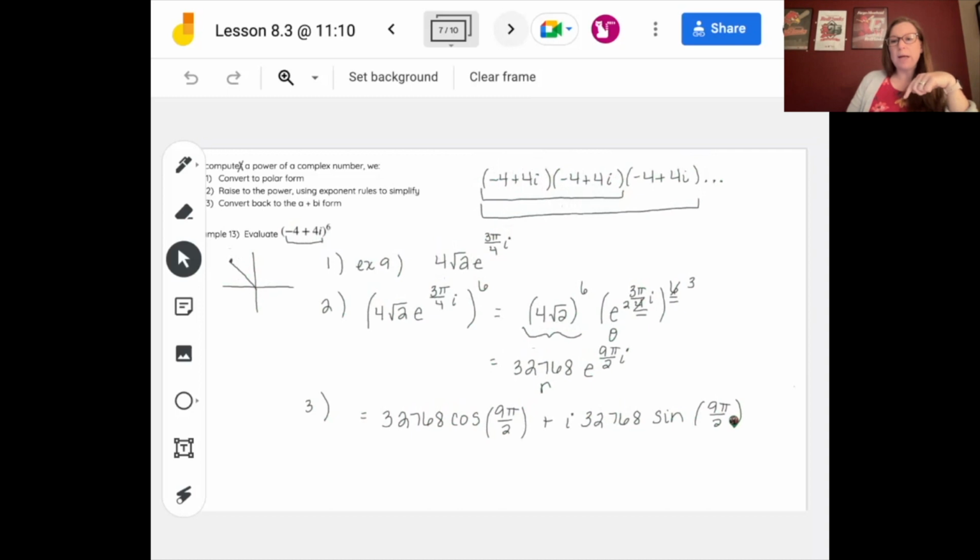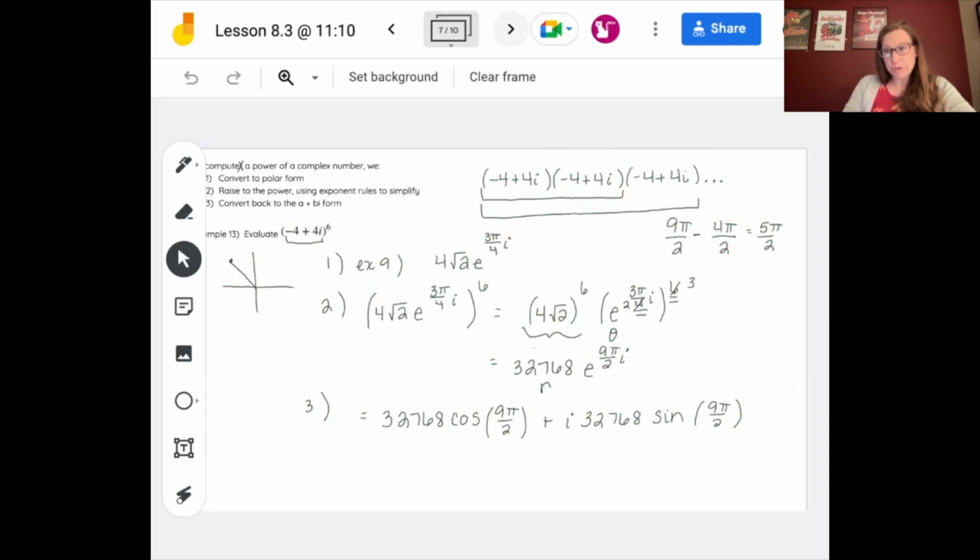Well, think about 9 pi over 2, right? What is it coterminal with? So if I start with 9 pi over 2, and my goal is to get it to where I can maybe use the unit circle to help me determine what those values are, I know that 9 pi over 2, if I were to subtract 2 pi, I could subtract 4 pi over 2, so that's 2 pi, and I would be at 5 pi over 2.